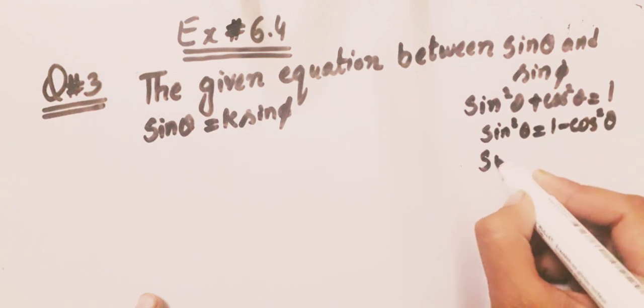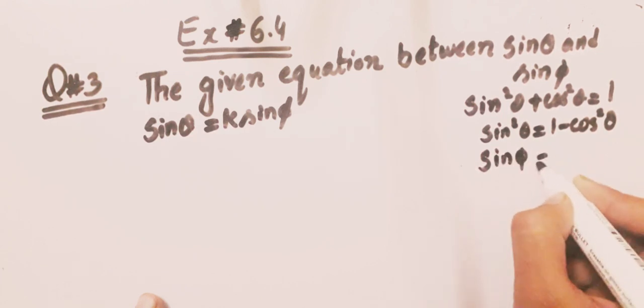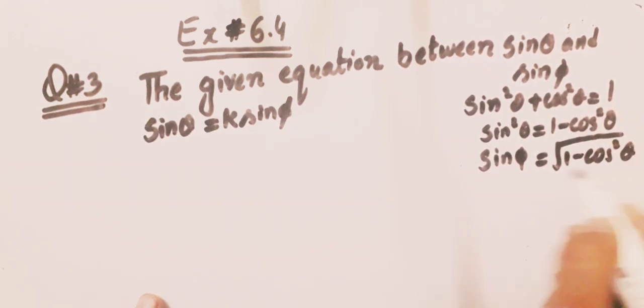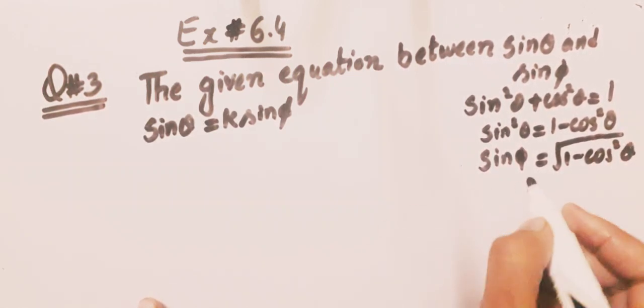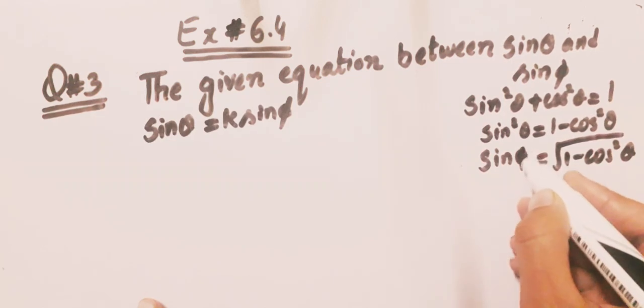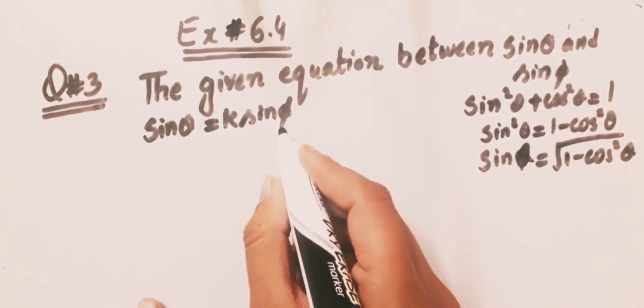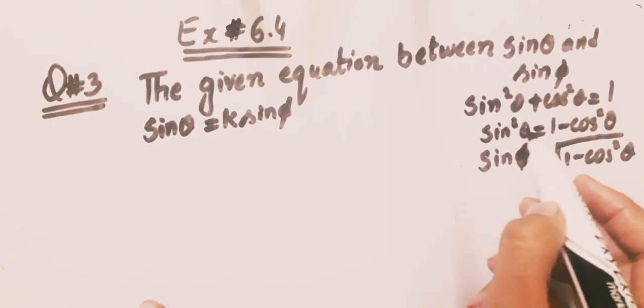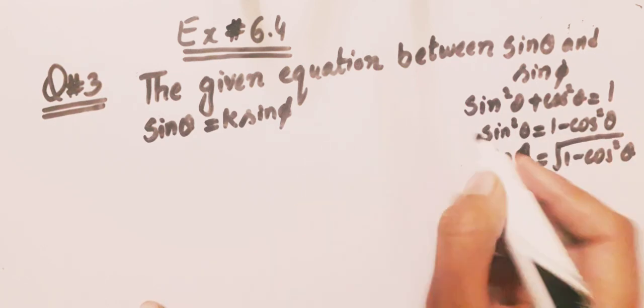Now sine theta is equal to square root of 1 minus cos square theta. Now you will substitute this value here for sine theta and also for sine phi. If the angle is phi, you will just replace theta with phi.